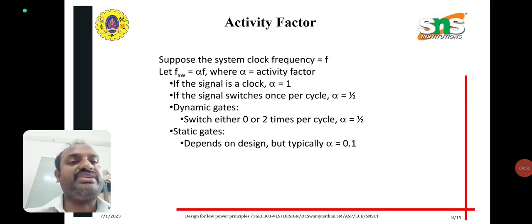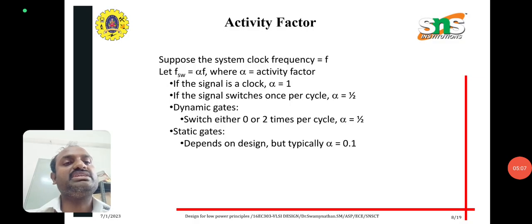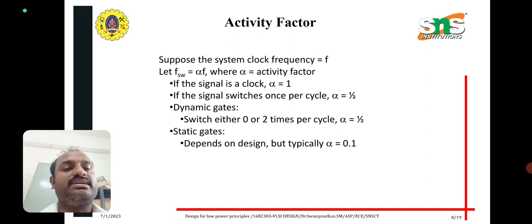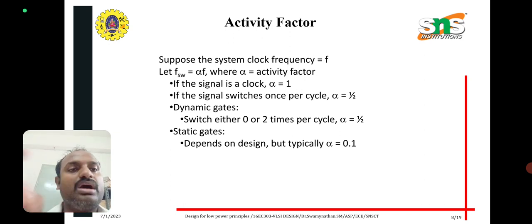Next, the activity factor. The switching frequency F is equal to the activity factor into the frequency. The activity factor alpha is equal to 1 if the signal is a clock. Alpha is equal to 1 by 2 means a signal switches once per cycle, and dynamic gates switch either 0 or 2 times per cycle.